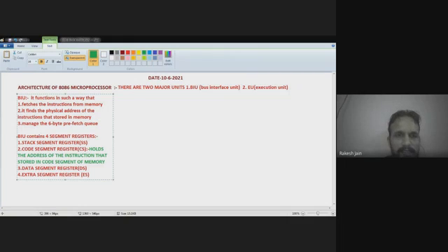Now, the stack segment register. The stack segment register provides the starting address of the stack segment in the memory.